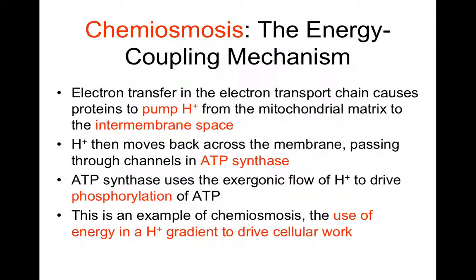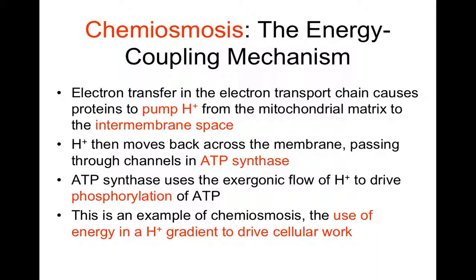So the electron transfers in the electron transport chain cause the proteins, remember the large purple proteins in the previous diagram, to pump protons or hydrogen ions from the matrix to the intermembrane space. Really try to picture what this looks like.